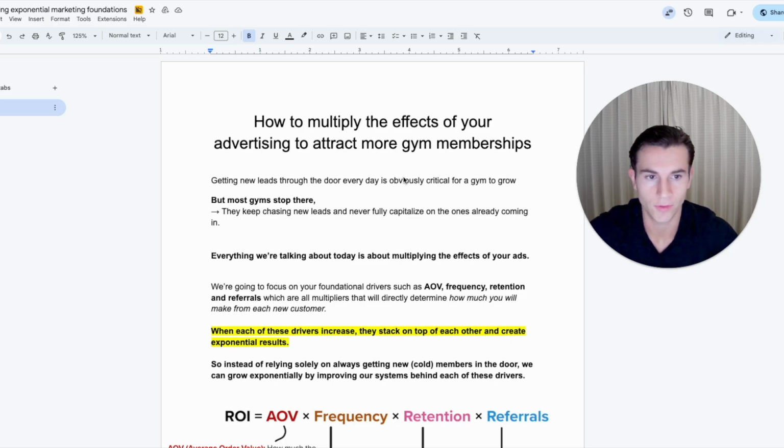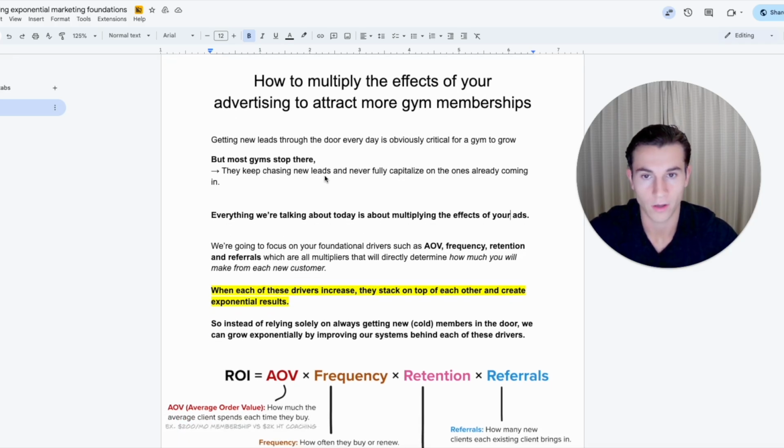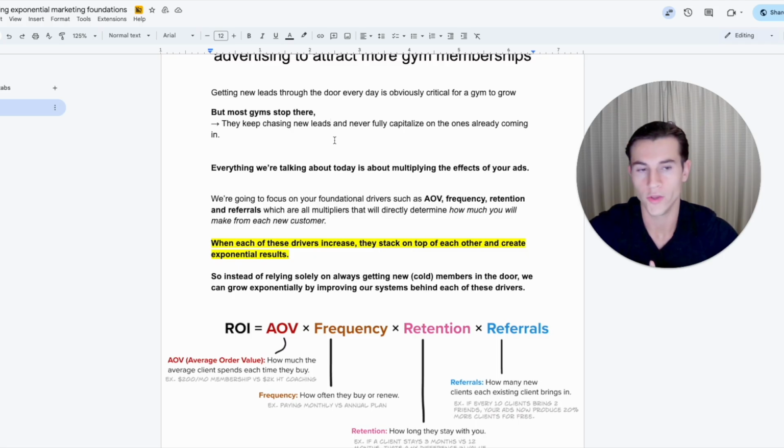Okay? And that's the thesis of what we're going to be talking about today: how to attract more people from what you already have, in a sense multiplying the effects of your advertising or whatever you're currently doing to get more return on investment, okay?